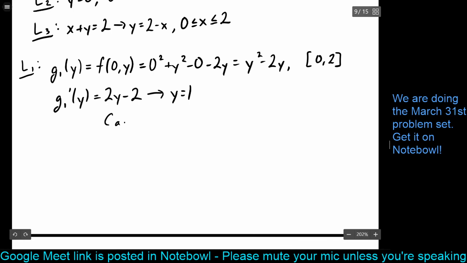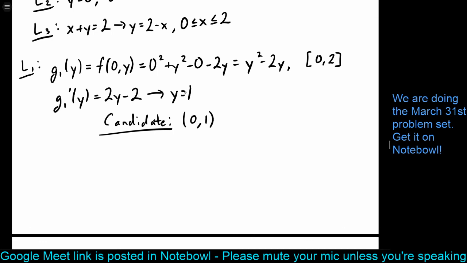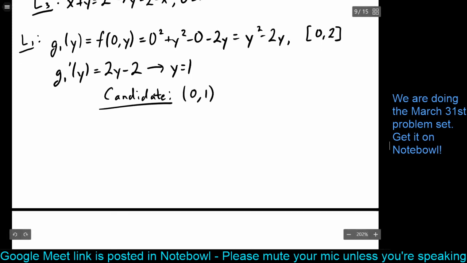So our candidate here is (0, 1). Because x is 0 here, we got that y is 1. We do want to make sure that y is actually inside this interval, not outside it and not on the edge. But 1 is in between here, so we're good.